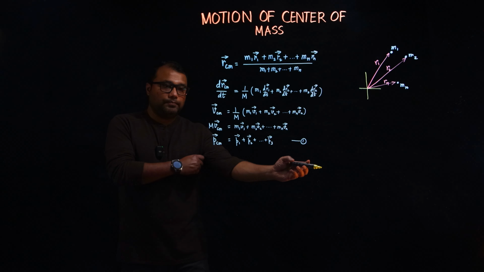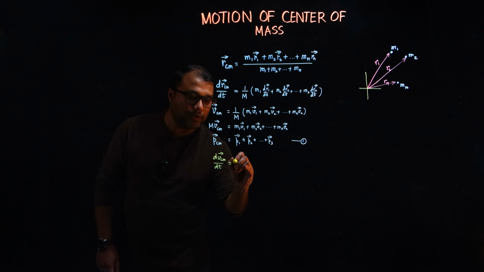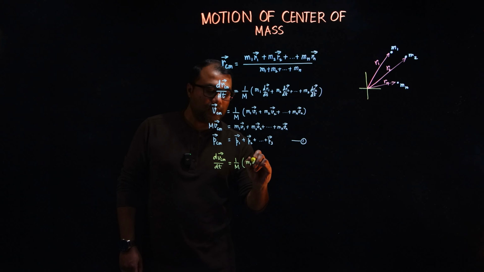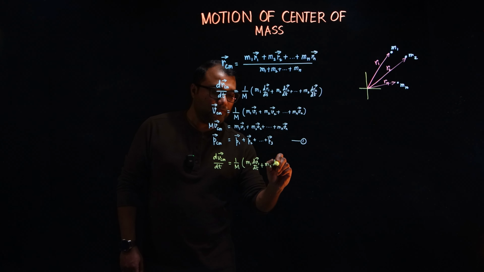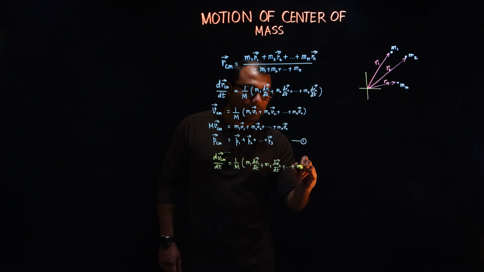So we will get dVcm/dt is 1 by M times M1 dV1/dt plus M2 dV2/dt, and like that we go up to Mn dVn/dt, okay.